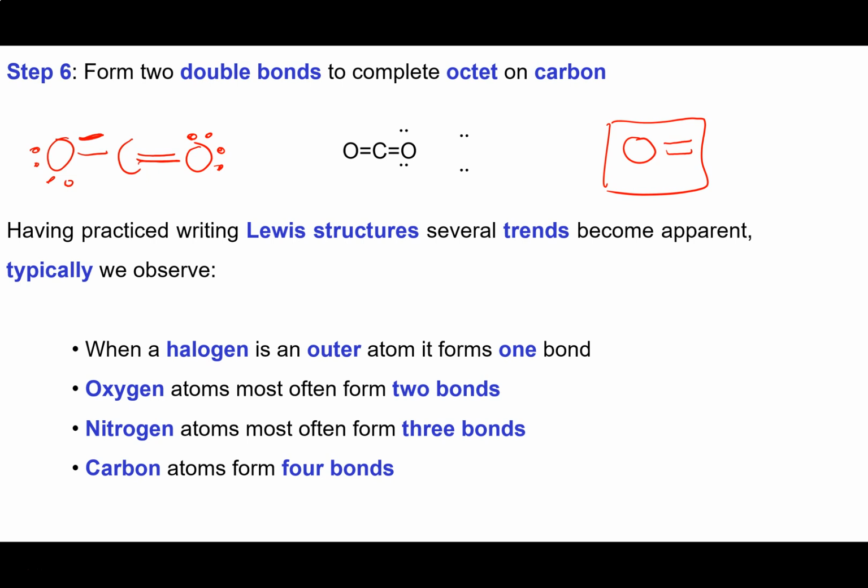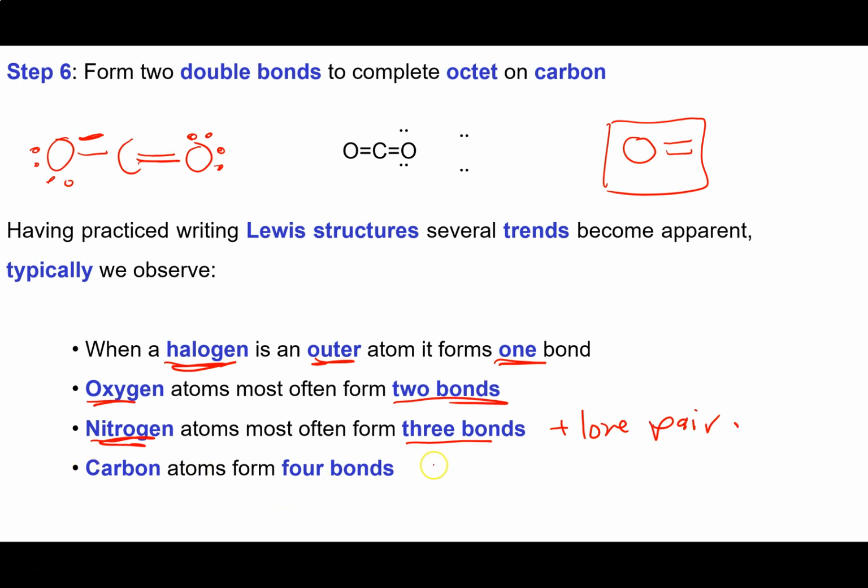So there are some things that we see all the time. If you've got a group 7 atom present, it's probably going to be an outer atom and it's probably going to form 1 bond. Oxygen, sometimes it's an outer atom, sometimes it's a central atom, but most of the time it forms 2 bonds. Nitrogen almost always forms 3 bonds and ends up with 1 lone pair.